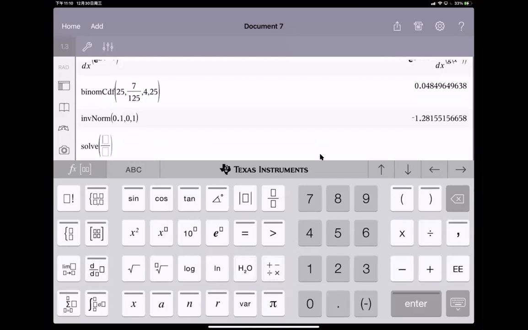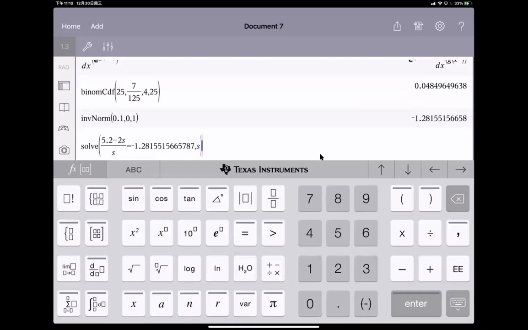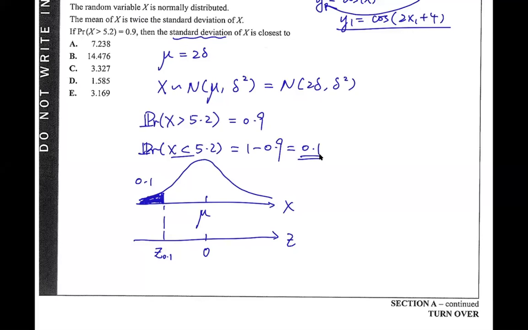The actual score is 5.2 minus 2 standard deviations, which is the mean value, divided by the standard deviation itself, will be that z-score above, and you are solving for s, the standard deviation. Let's grab the approximate value, 7.237.